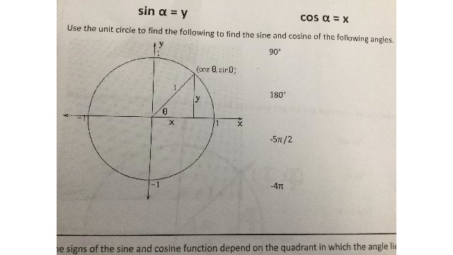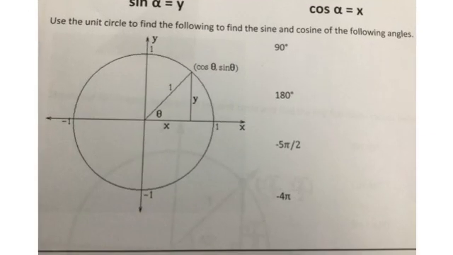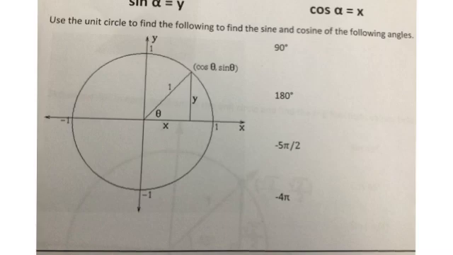But they teach it first. These are our special examples. So we're going to be asked to find sine and cosine for each of the 4 angles. Okay, so the first one, we want to find sine and cosine of 90 degrees. So I'm going to write down, okay, let's find sine of 90 and cosine of 90.